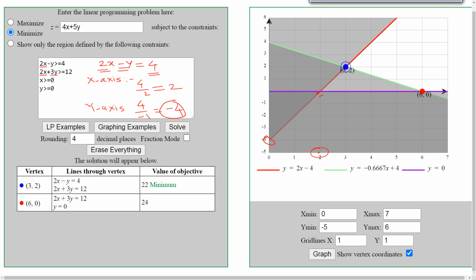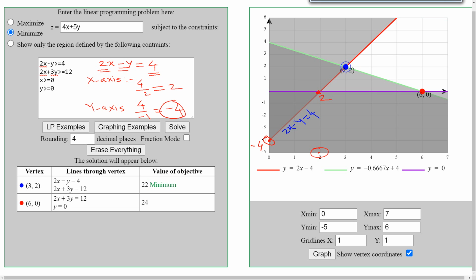So this is 2 and this is minus 4, this point. We draw a line joining these 2 points. 2 points determine a line. So this is the equation of line representing the equation 2x minus y is equal to 4. So first equation.